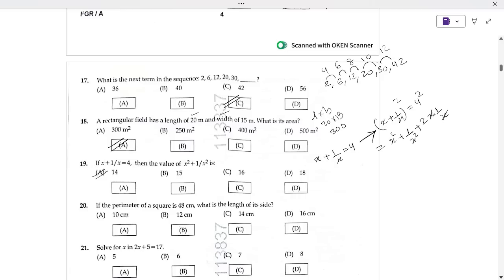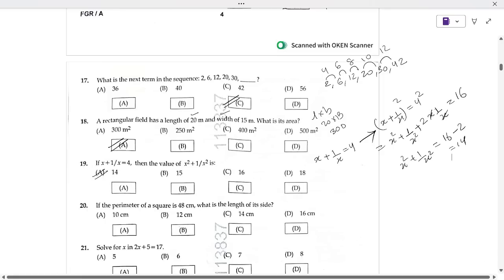That means 4 square is 16, so x square plus 1 by x square plus 2 into 1, which is 2, equals 16. That means 2 goes to the other side, minus 2, which will be 14. So the answer is 14. But the earlier one was the smart approach.